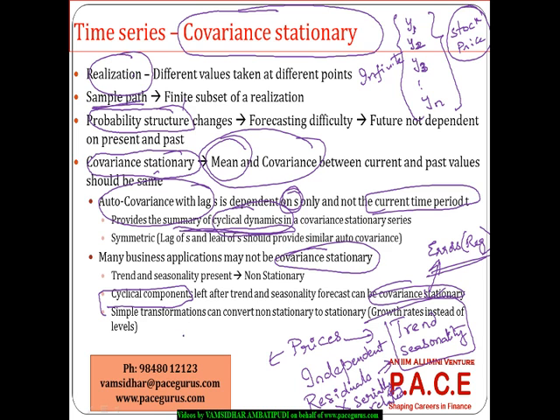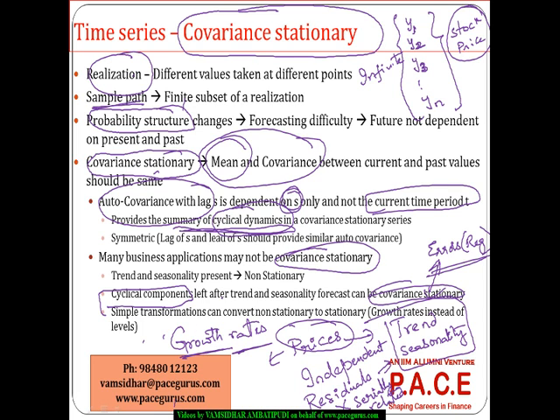On the other side, the prices may not be covariance stationary. But if I do a small transformation on them, and convert them into growth rates year over year or period over period, they may be more covariance stationary.